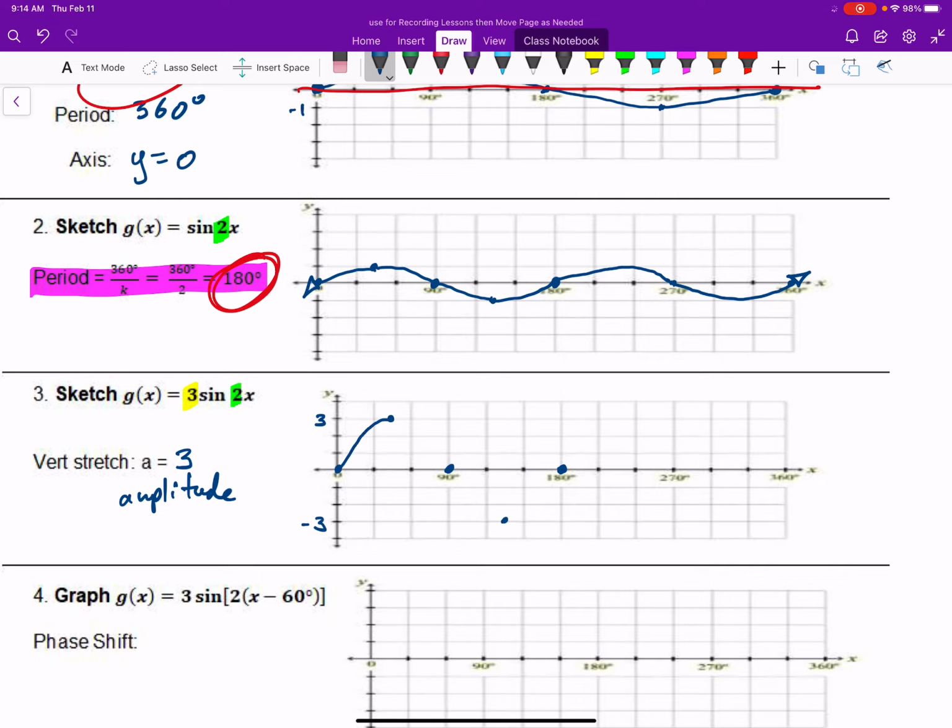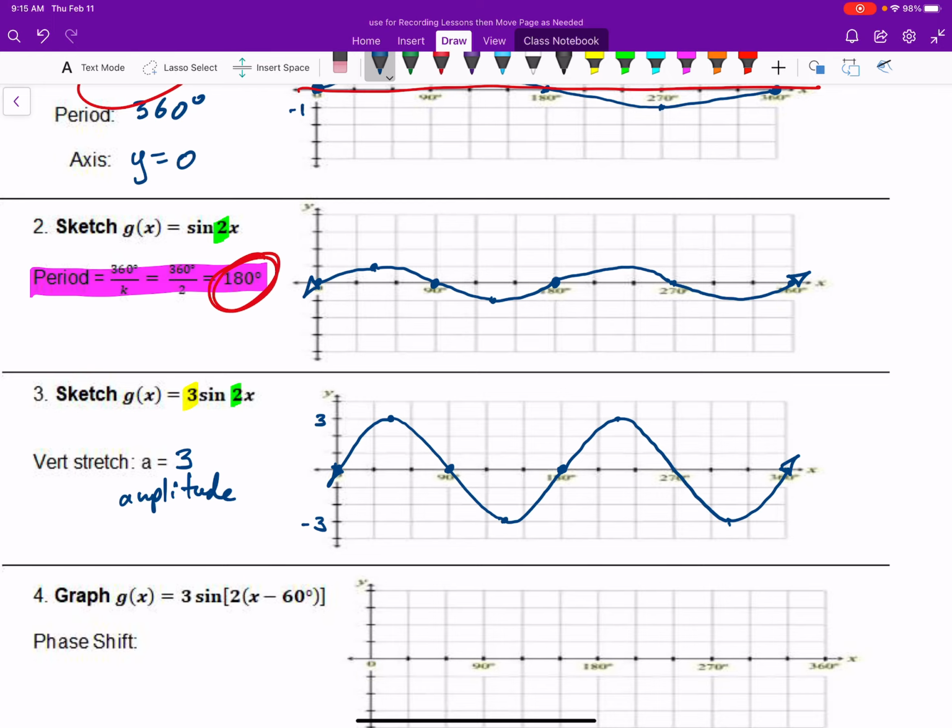So now we've got a graph that looks like this. And again, I could extend it to fill in the rest of the graph, which is a good idea. And when I do that, I get this. So now we've done a transformation that involves a and k.